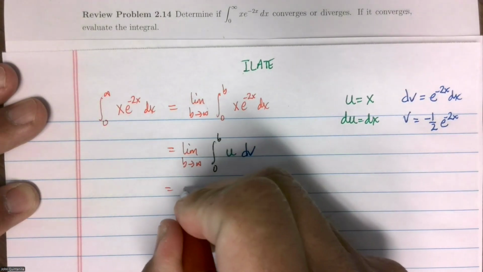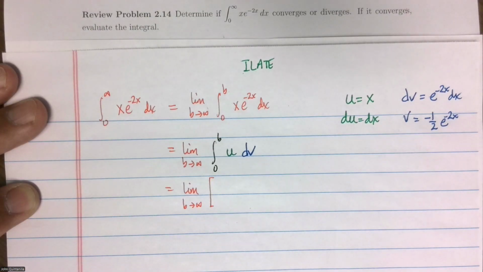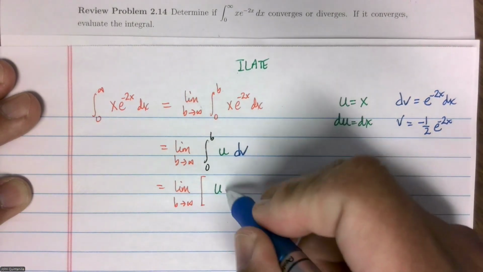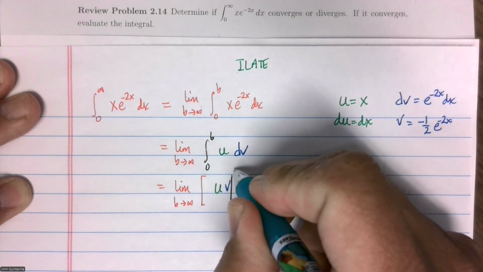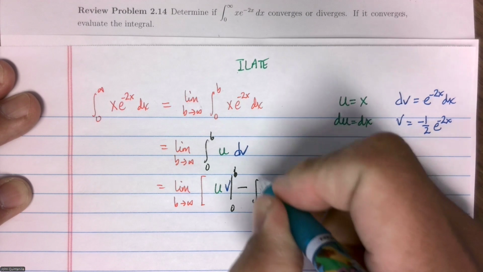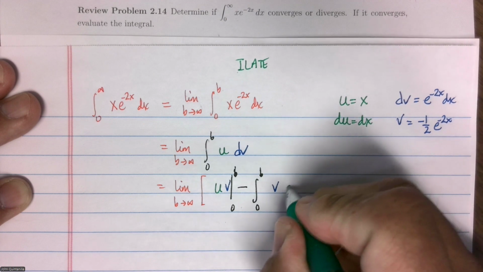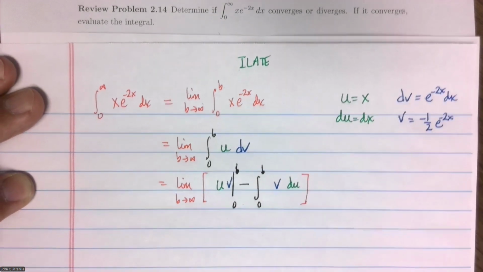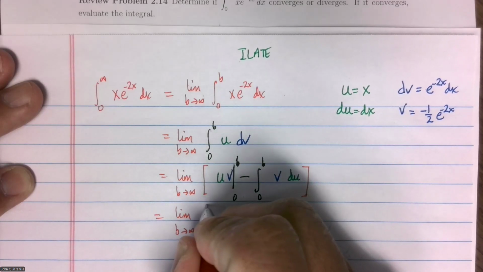And so this will be equal to the limit as b goes to infinity of, according to the formula for integration by parts, u times v, evaluated from 0 to b, minus the integral from 0 to b of v du. Again, the limit I will deal with on the very last step.